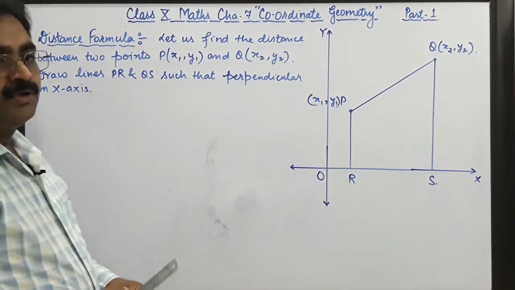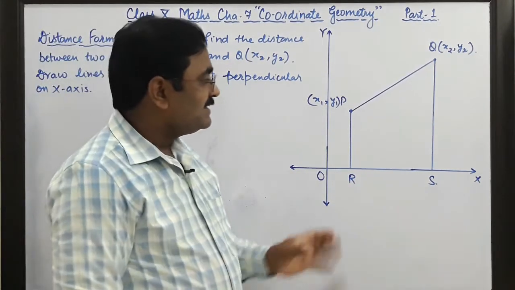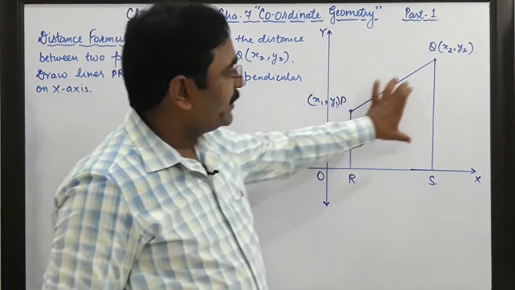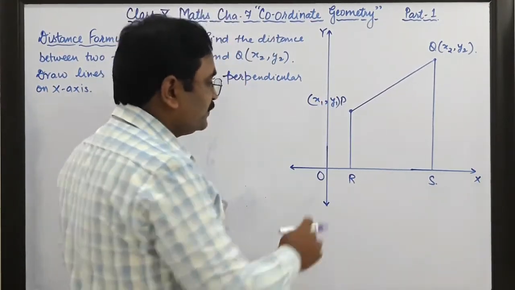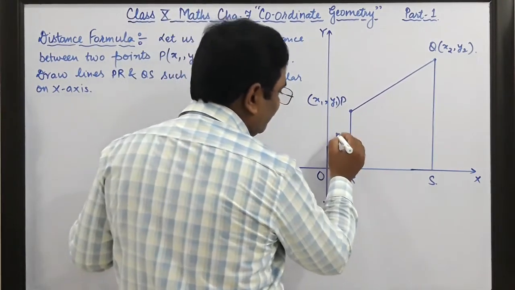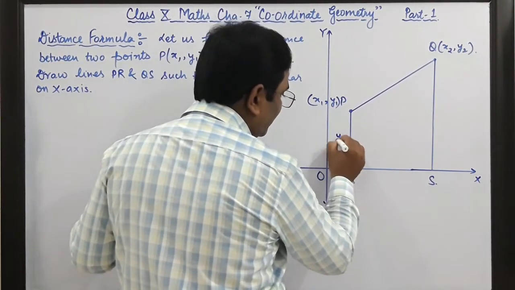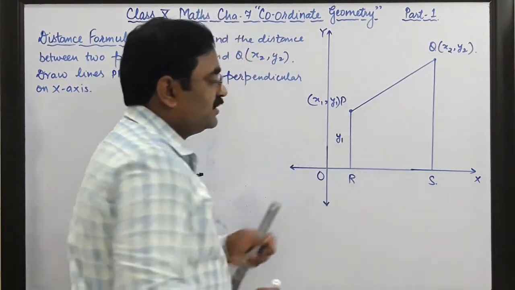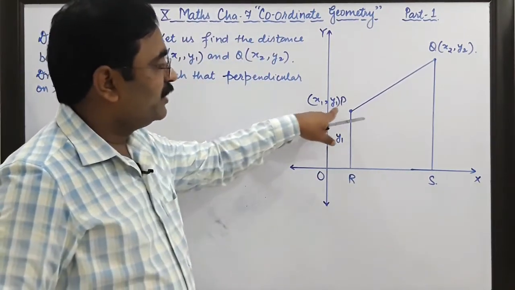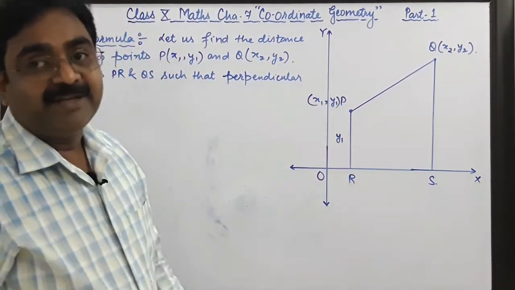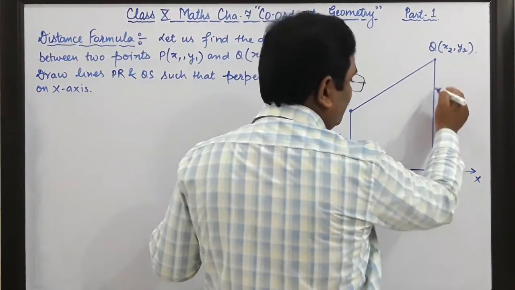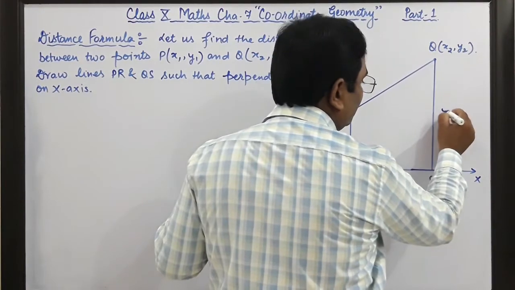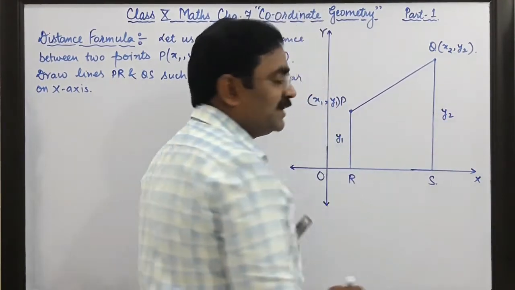Right? So dear students, as these perpendicular lines we have drawn, the measure of this PR will be y1, because it is the distance on the y-axis, and the coordinate of point P is given x1, y1. Same as the length of this one, QS will be y2, right?